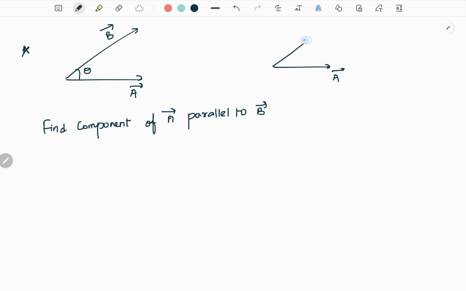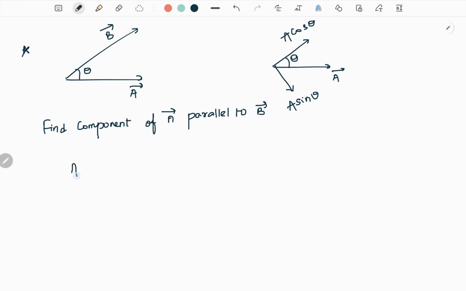One component parallel to b bar, since it makes an angle theta along the direction, is going to be the cos component and the other component is going to be the sine component. So basically, if you see the diagram, here the component of a bar parallel to b bar is nothing but a cos theta. So a cos theta is what we intend to find.